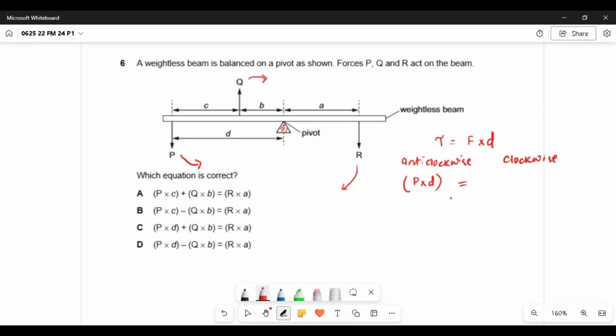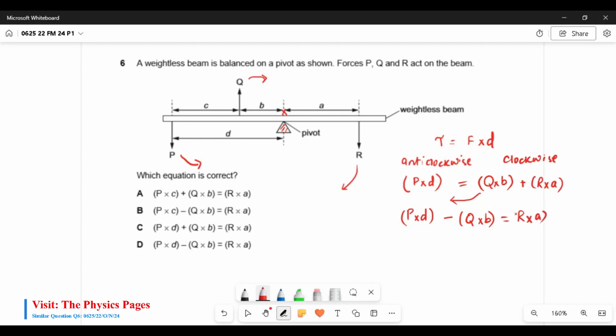So I balance it. Q is clockwise and the distance from the pivot to the Q, this is pivot, it's B. So I can say Q times B plus R times the distance is A. Now if I rearrange from left and right side forces, I can also say P times D, this moves to the left side, minus Q times B is equal to R times A. We can write it in any of these forms, either clockwise is equal to anti-clockwise or left right.